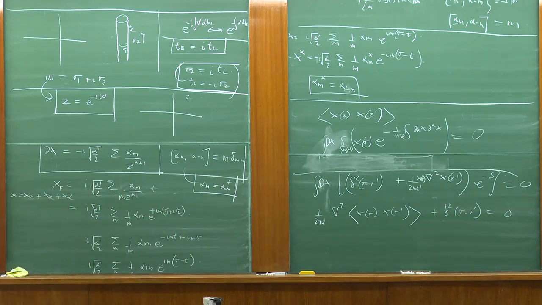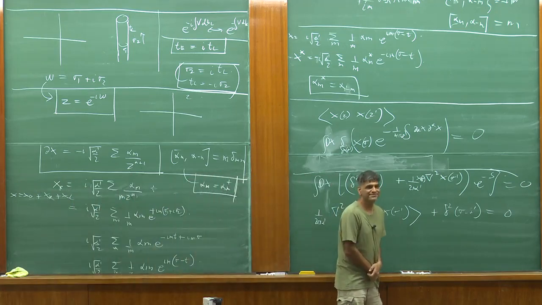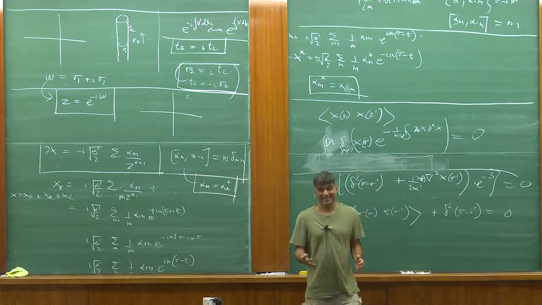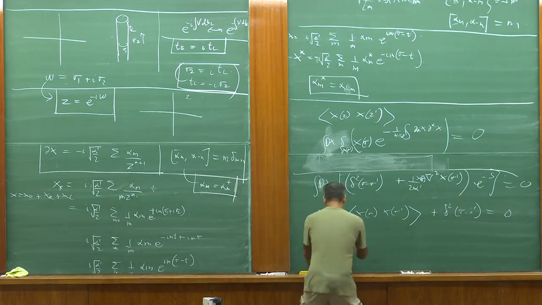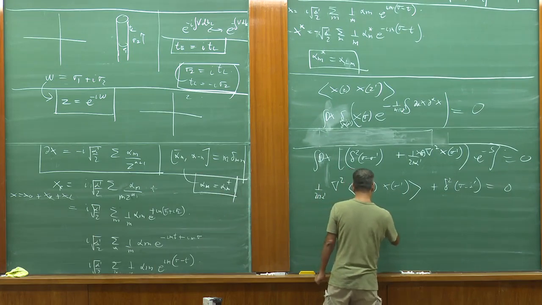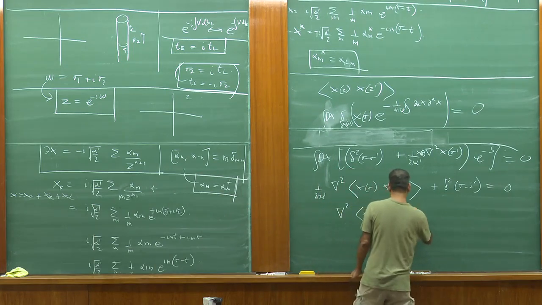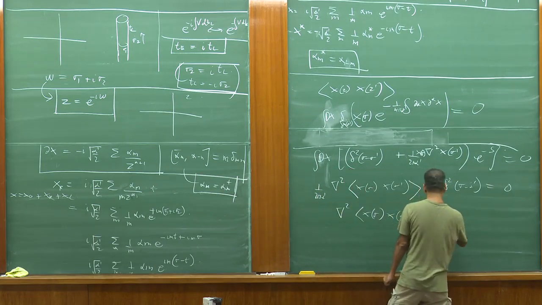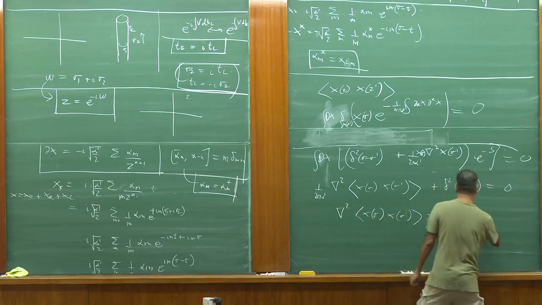Is this clear? And therefore, this quantity obeys the equation del square x of sigma prime is equal to minus 2 pi alpha prime delta of sigma minus sigma prime.